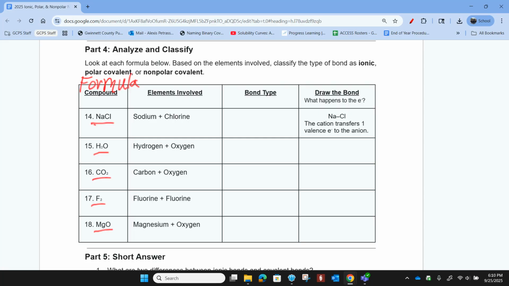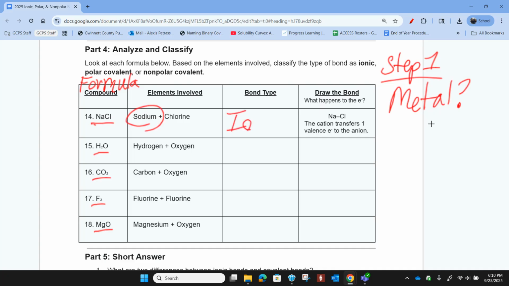The bond type, is there a metal? First question you always ask. Is there a metal? Because if there's a metal, sodium is a metal, it's ionic. And then draw the bond. What happens to the electron? So the bond is Na bonding to Cl.